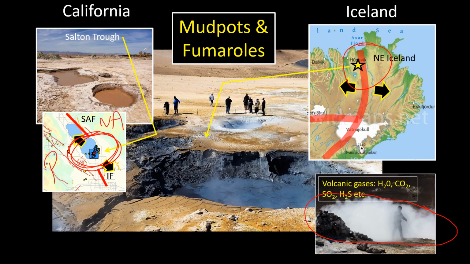And in this area that I've circled, that's the southern part of the Salton Sea and also the Imperial Valley. There's actually a buried divergent plate boundary. And those blue and red and yellow squares are actually earthquakes that are occurring along the plate boundary. So we don't get geysers in southeastern California, but we certainly get mud pots and fumaroles, just like we do in Iceland. Again, both places are characterized by a strong component of plate divergence.